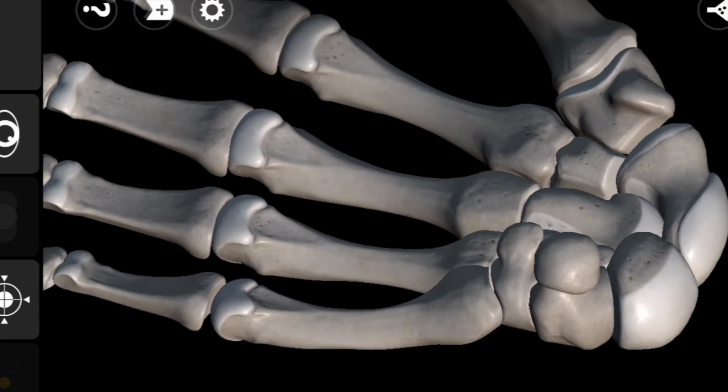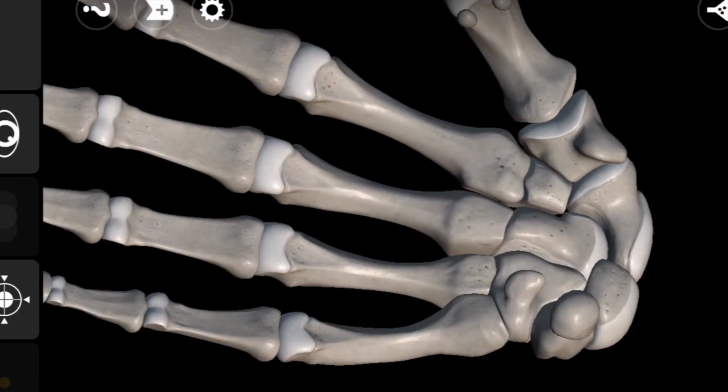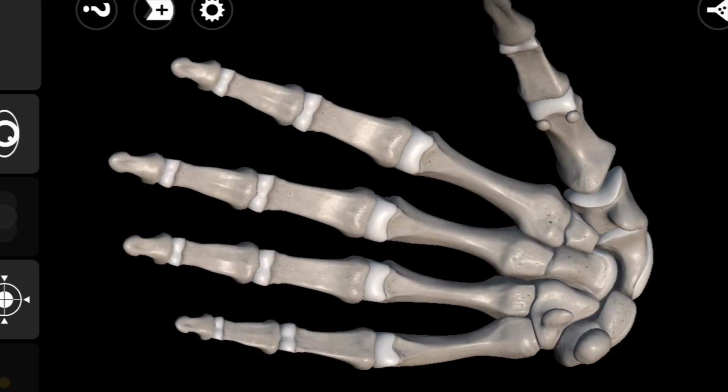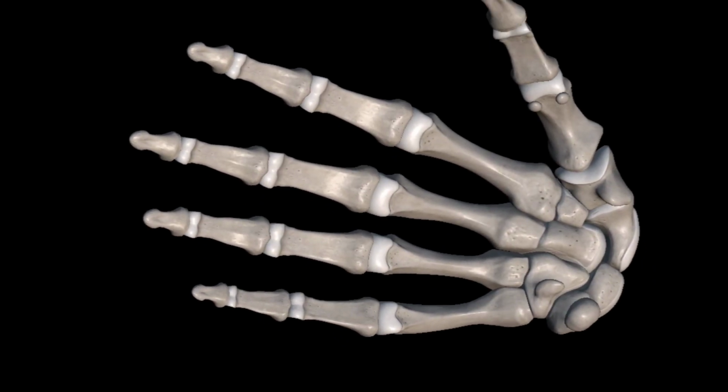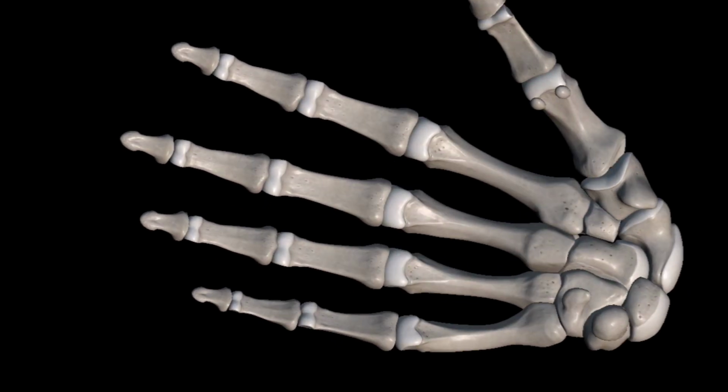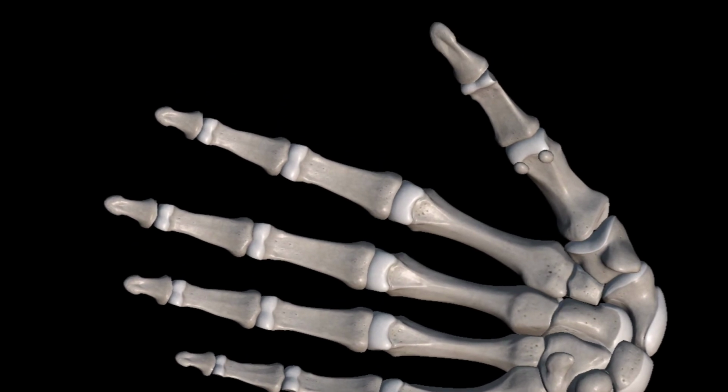Now we will discuss the phalanges. There are 14 phalanges, as we know already. As we know, the thumb has two phalanges. This is the proximal phalanx of the thumb, and this is the distal.